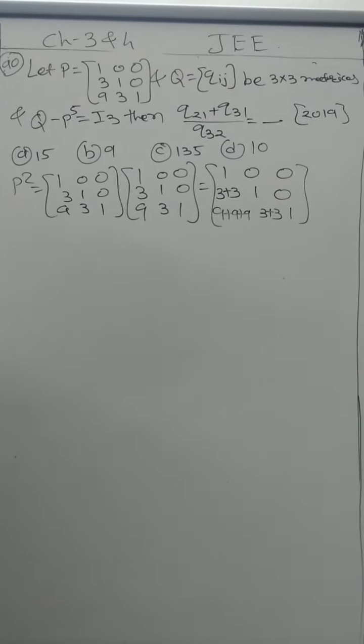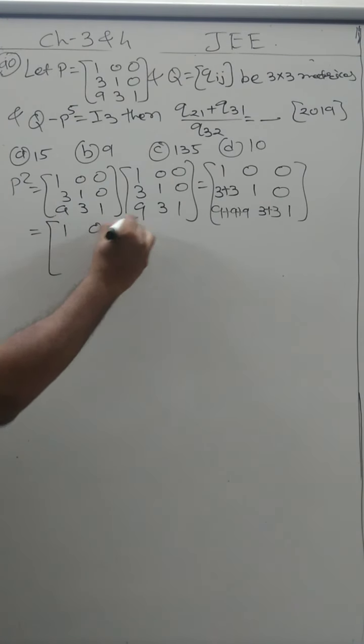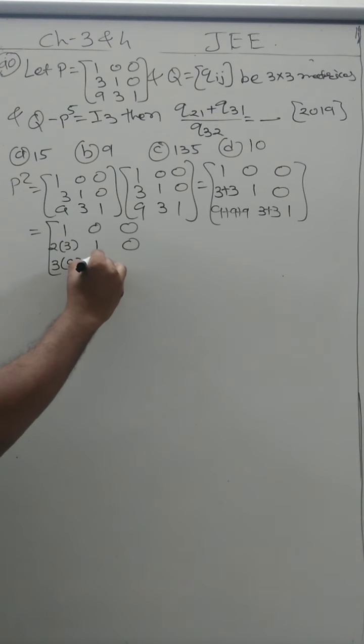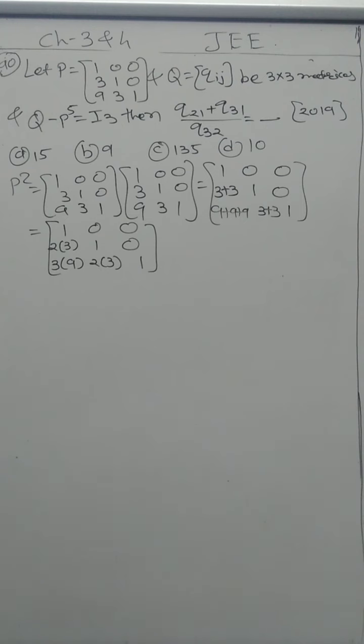Okay, so this way we have [1 0 0; 2 into 3, 1, 0; 3 into 9, 2 into 3, 1]. This is our P square.